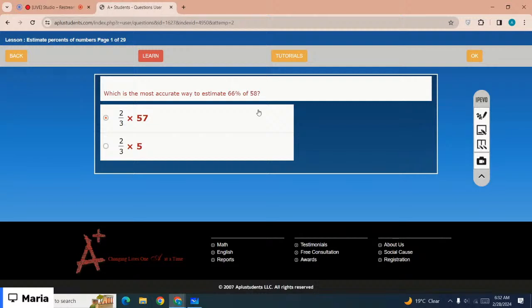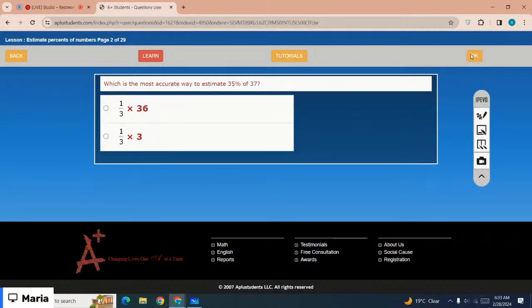So 66% is two-thirds of 57. Option number 1 is the correct option.